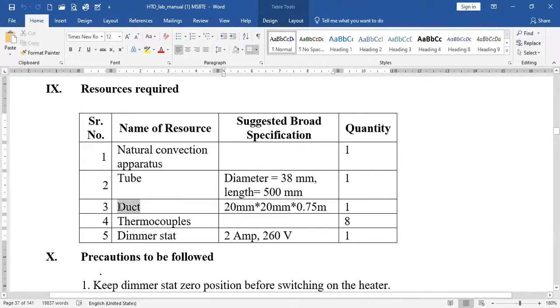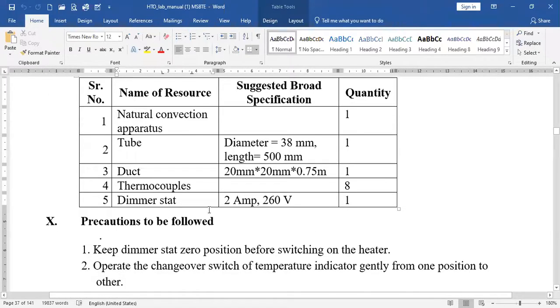Then there is a requirement of a duct, because for natural convection to create the convective currents, we have to use this duct as a space or a medium. Normally it is 20 mm by 20 mm by 0.75 meter. Then thermocouples are required, that is 8 thermocouples, to measure the temperature at the different points located on the tube, because we have to measure the temperature of the tube at various locations.